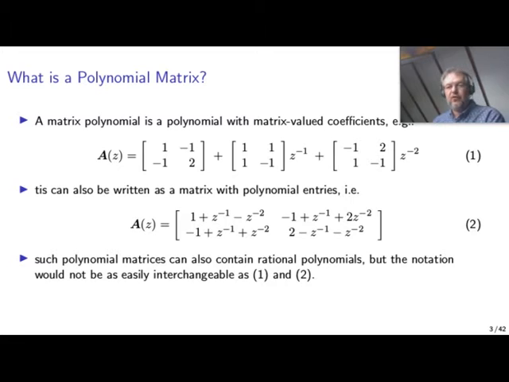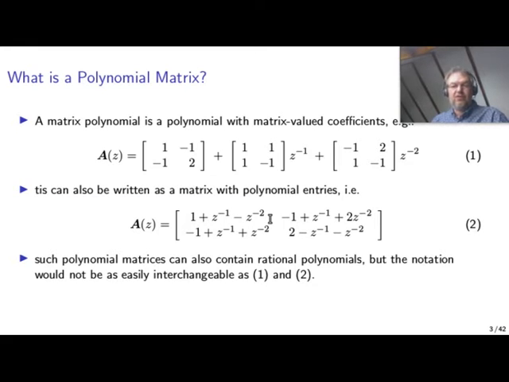research. So to start, a polynomial matrix is basically a matrix that is not constant, containing real or complex valued entries. It's a matrix that contains functions, and you could write this as a matrix polynomial. So as a polynomial, for example, in Z that has matrix valued coefficients, or you could write this as a matrix that contains functions as entries.